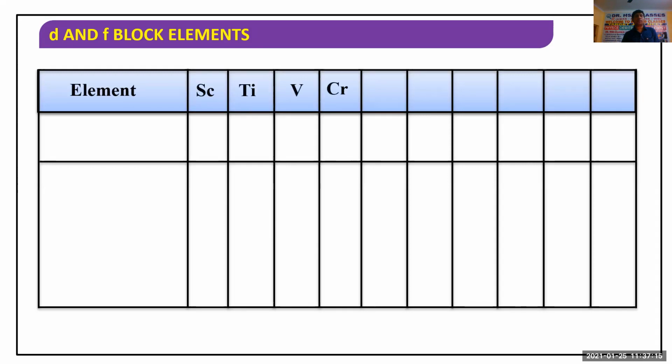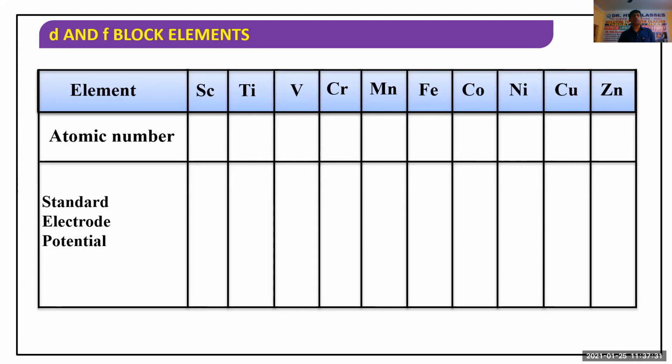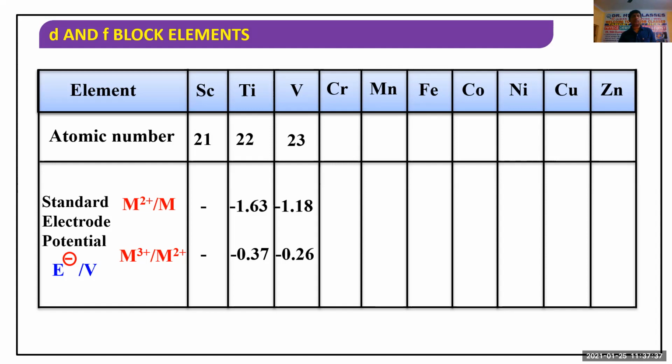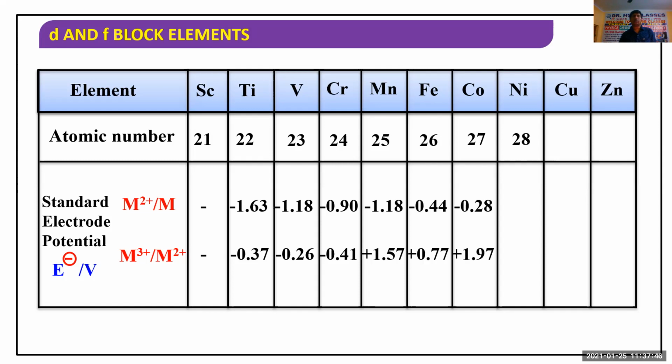Scandium, titanium, vanadium, chromium, manganese, iron, cobalt, nickel, copper, and zinc. These are the 4th period d block elements, with atomic numbers 21, 22, 23, 24, up to 30, and their reduction potentials are like this.